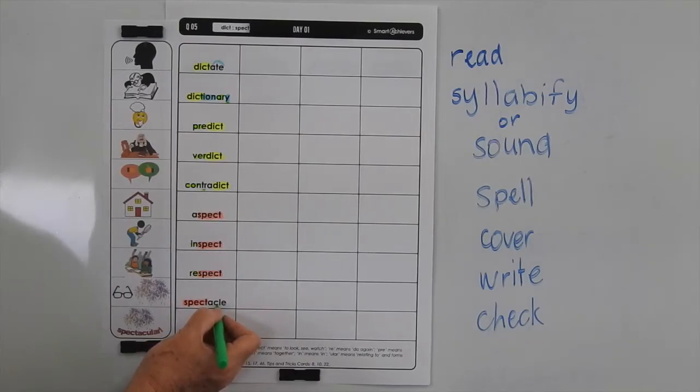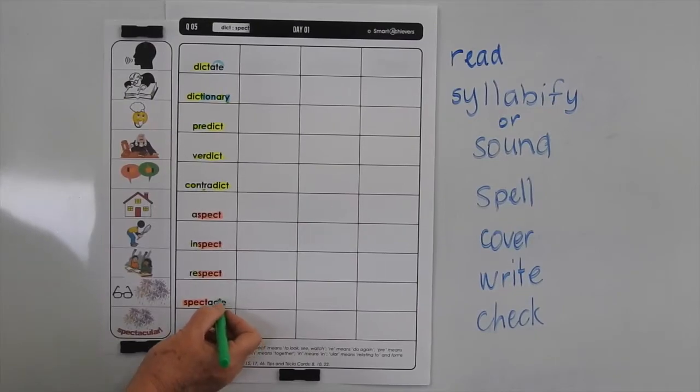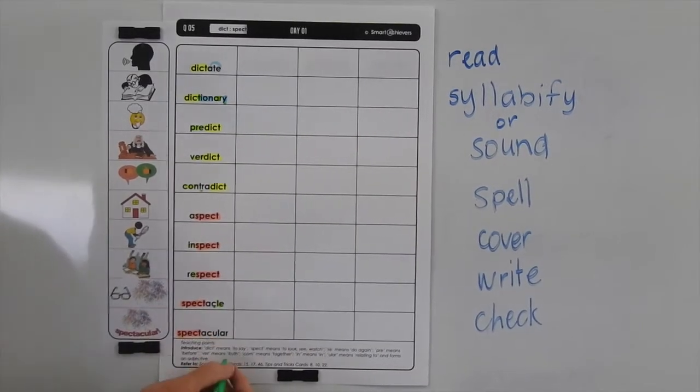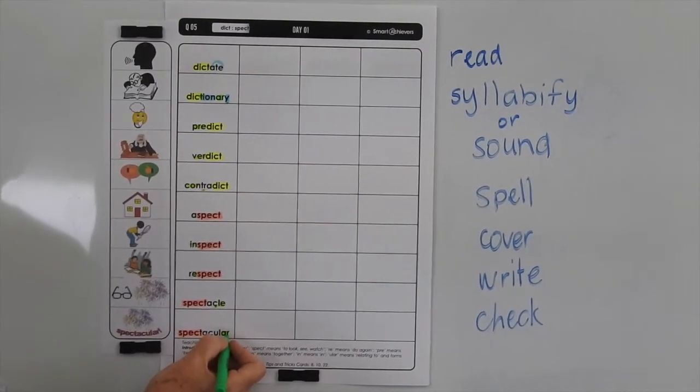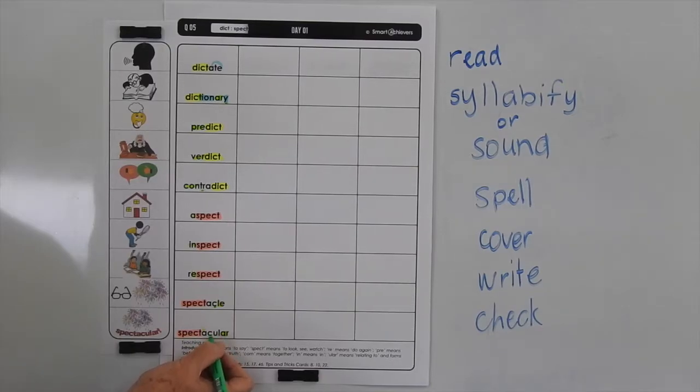Now, because this is a C, which is a stop sound, k, we're using LE. So we know LE follows a stop consonant. Spectacular, you've got the AR on the end there. And just remember that, because we're in a multisyllabic word, we're only using a C after a short vowel sound here for the k sound, not CK.